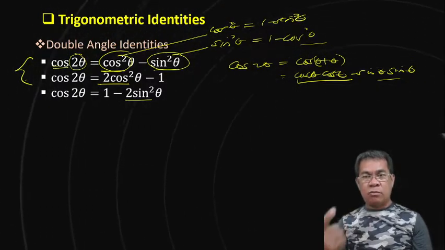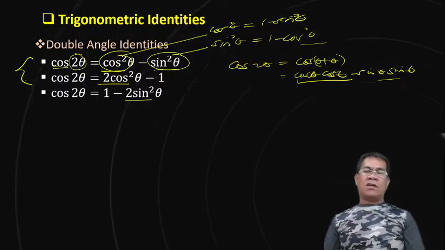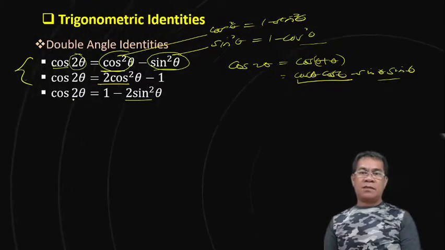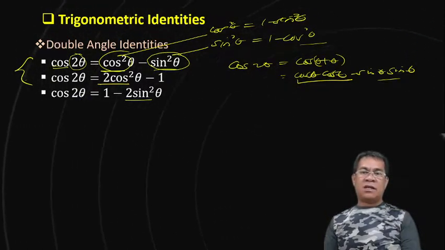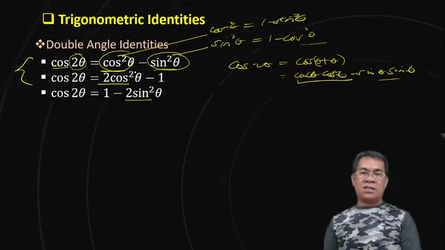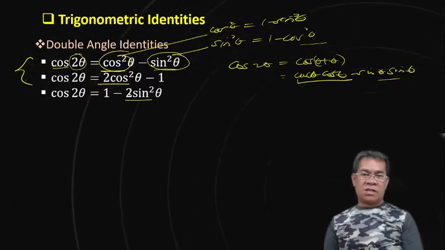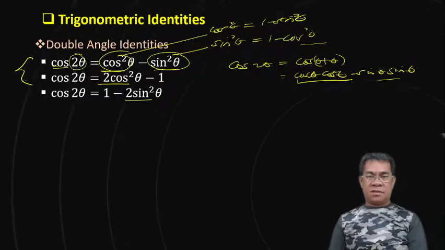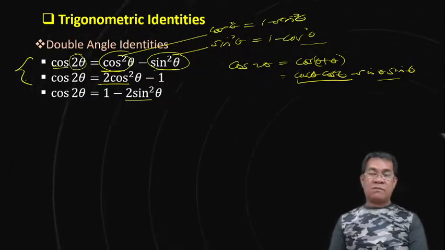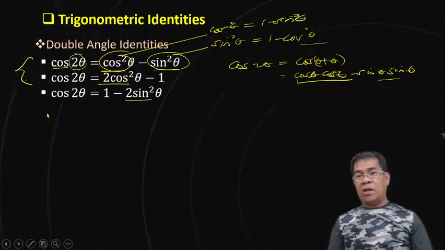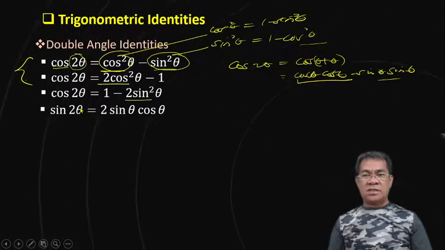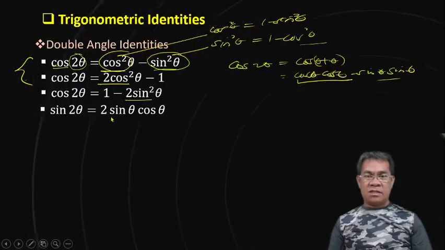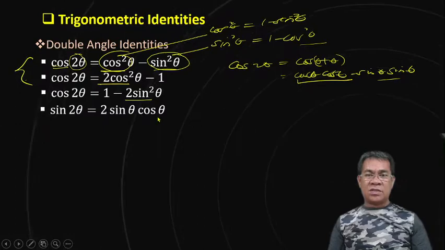So the double angle identity. The purpose of the double angle again is you can break this factor of the angle into a single angle only. So in this case, there's no presence of 2 here. Then if this will be the unknown, there might be a solution to the problem. Now the double angle of sine, for example sine of 2 theta, is 2 sine theta cosine theta.